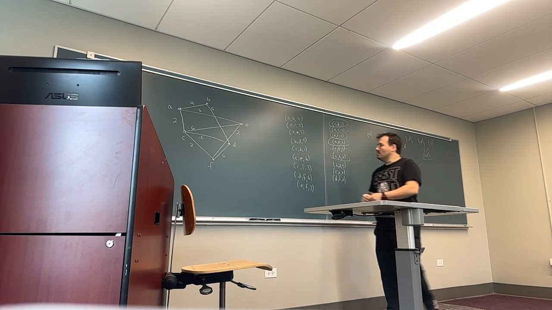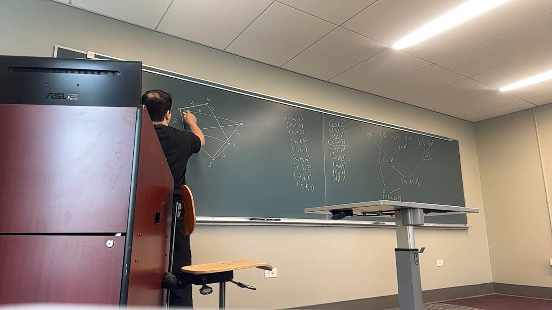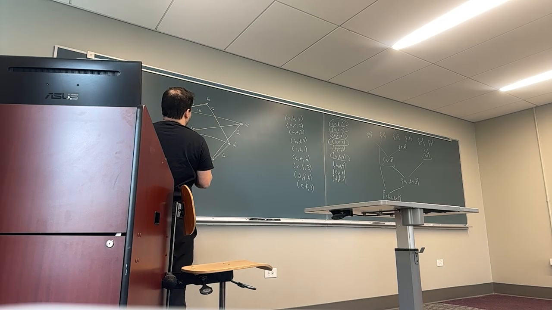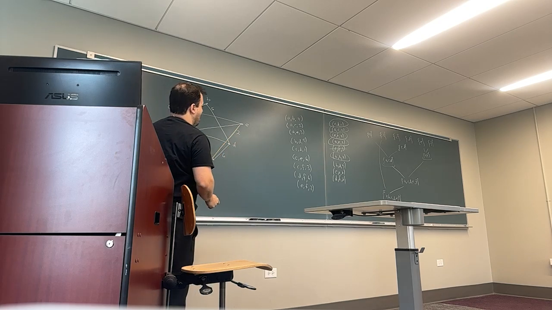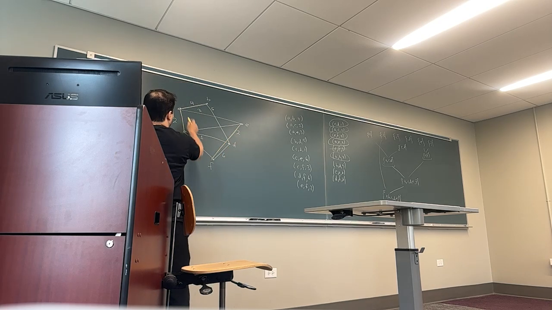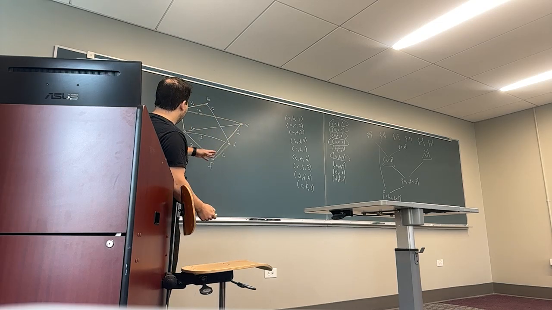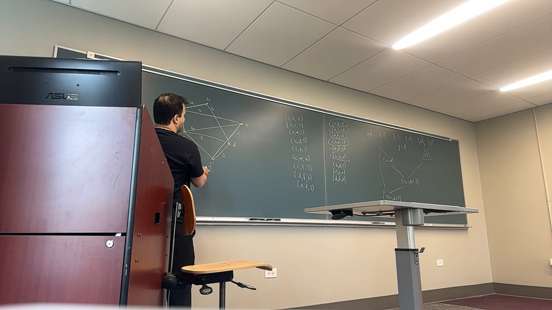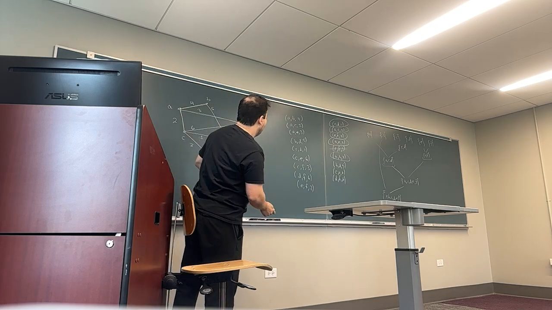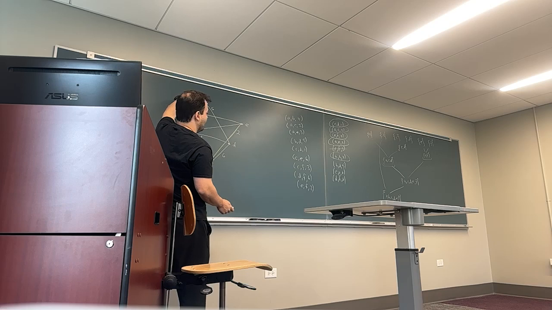Of course, by hand, this is pretty easy. You do AB, AC, EF, AE, and then CF would form this cycle. Oh, I guess I drew AB too early, sorry.